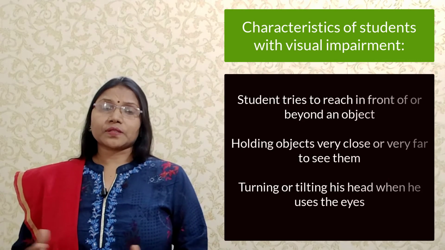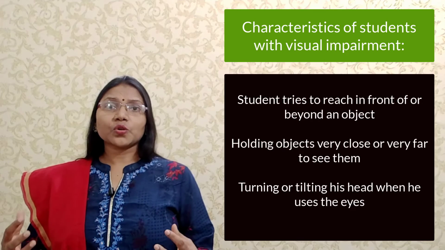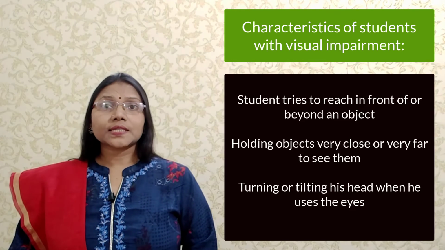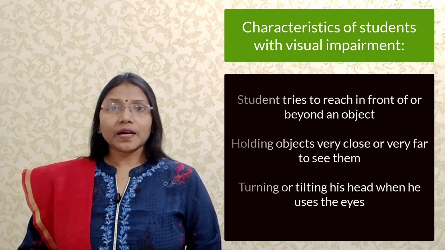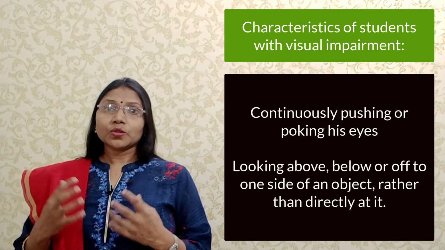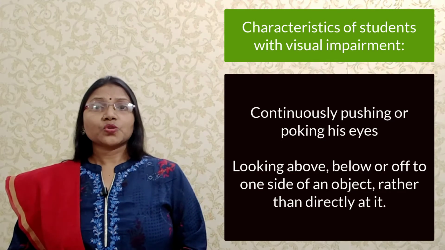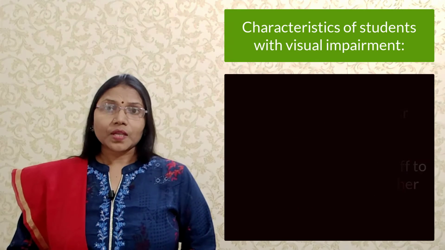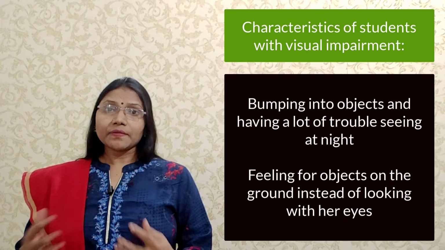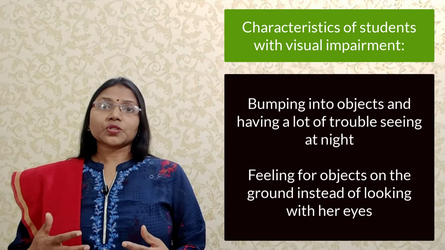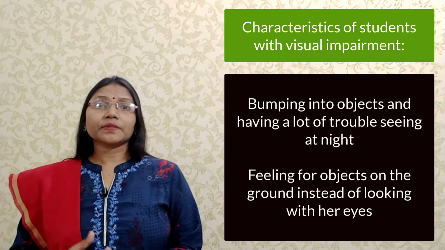Student tries to reach in front of or beyond an object, holding an object very close or very far to see them, turning or tilting his head when he uses the eyes, continuously pushing or poking his eyes and looking above, below or off to one side of an object rather than directly at it, bumping into objects and having a lot of trouble seeing at night, feeling for objects on the ground instead of looking with her eyes.